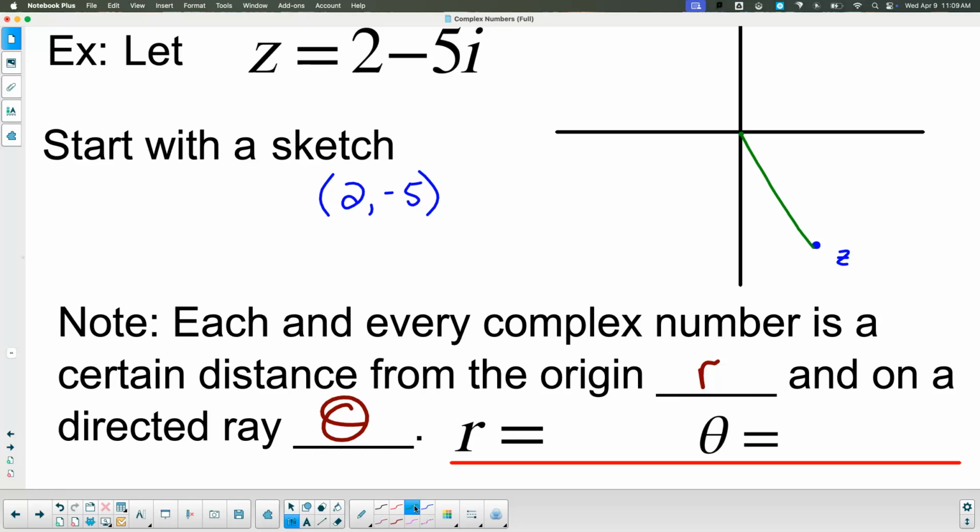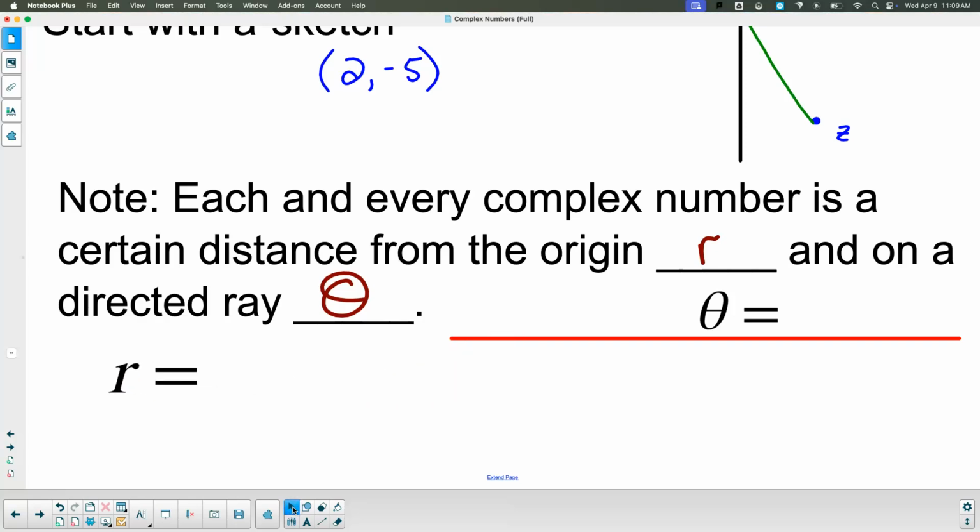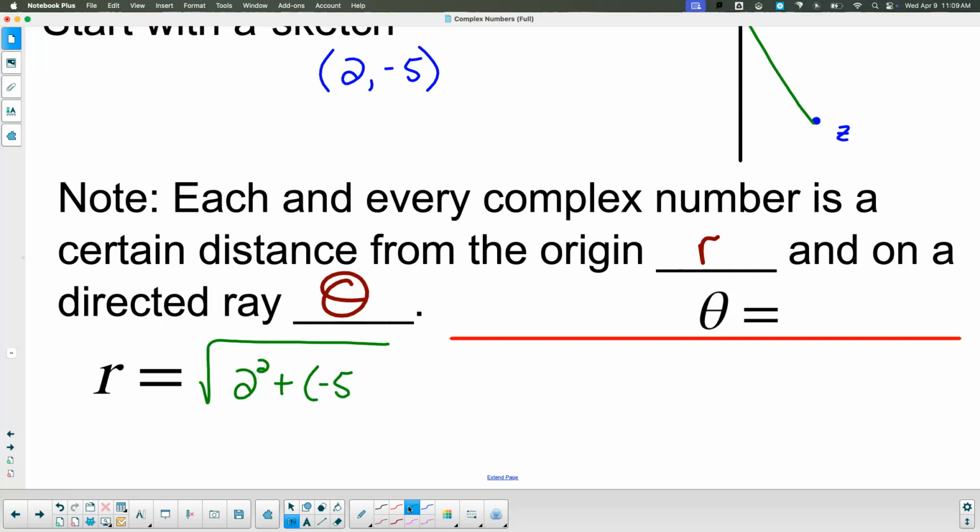Okay, or using my actual numbers, I could go that r here is the square root of 2 squared plus negative 5 squared, right? 2 squared is 4, negative 5 squared is 25.